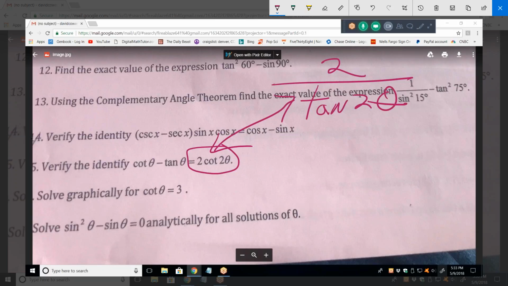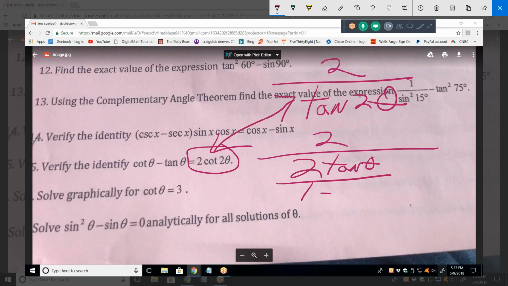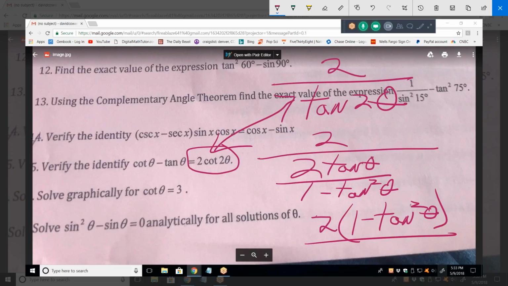And now I know that the tangent of 2 theta is 2 tan of theta over 1 minus tan squared of theta. With me? Now invert and multiply. So that gives you 2 times 1 minus tan squared of theta over 2 tan theta.